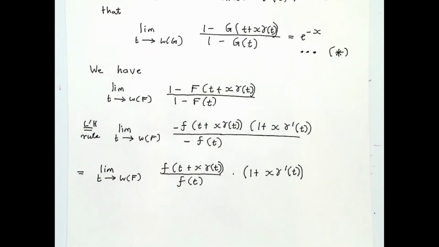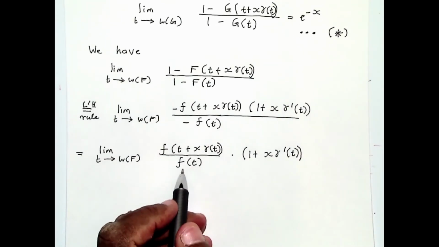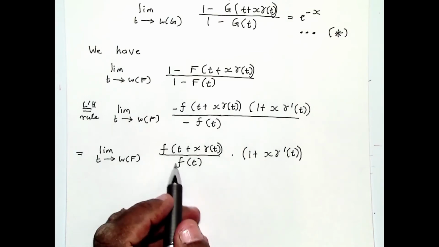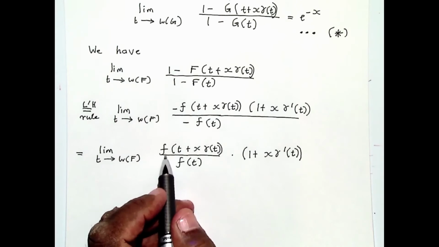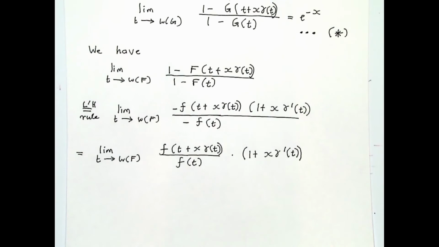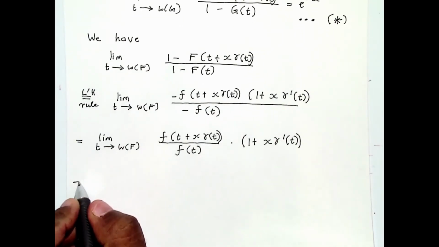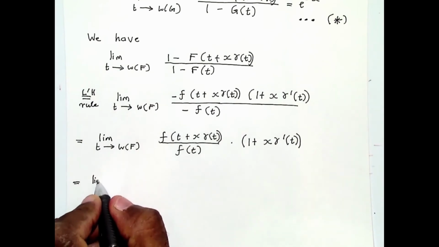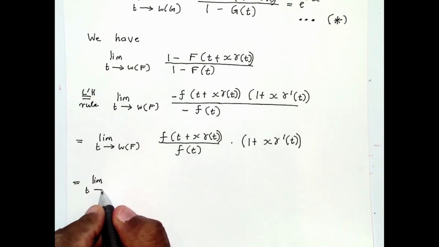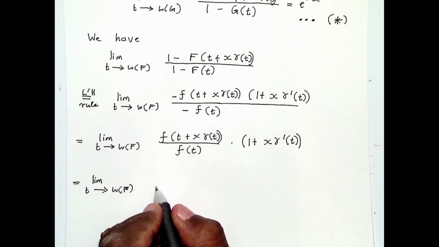Right, in the next step, I'm going to replace the little f here and the little f here by what is given in the question. So if you read the question, it gives an expression for little f in terms of g, right? So I'm going to replace the top and the bottom by the expression that is given in question 11. Okay, so it's going to be like this.